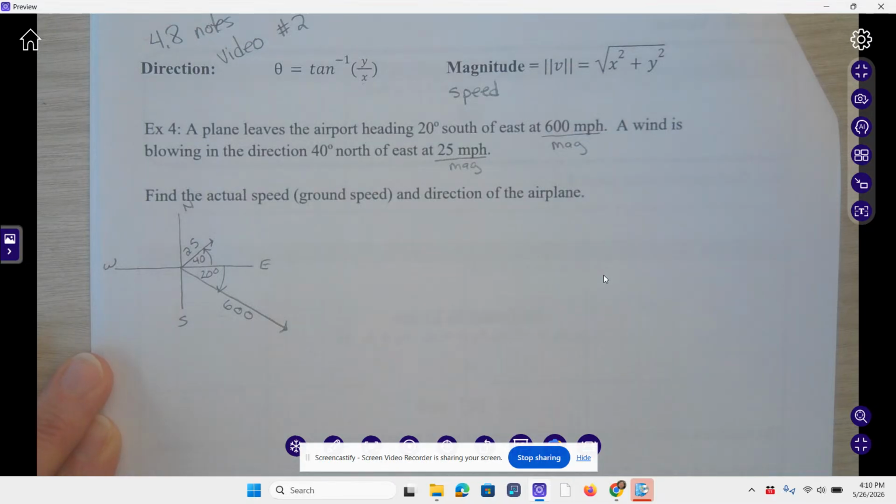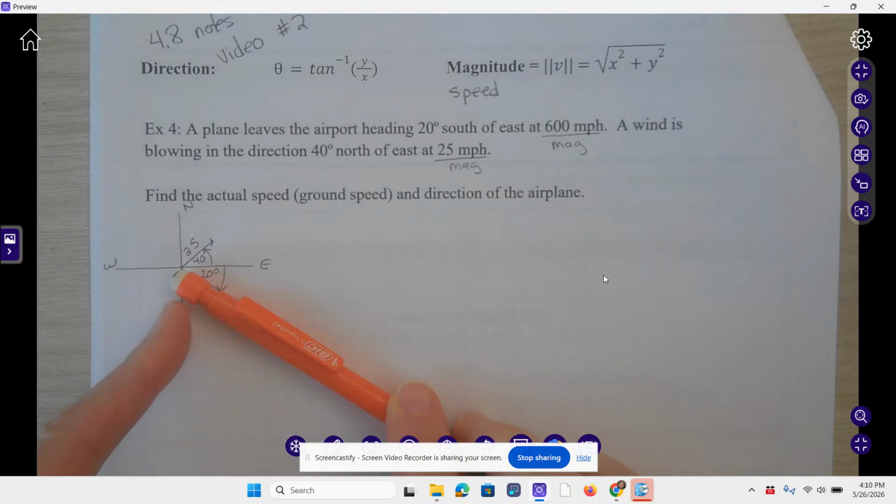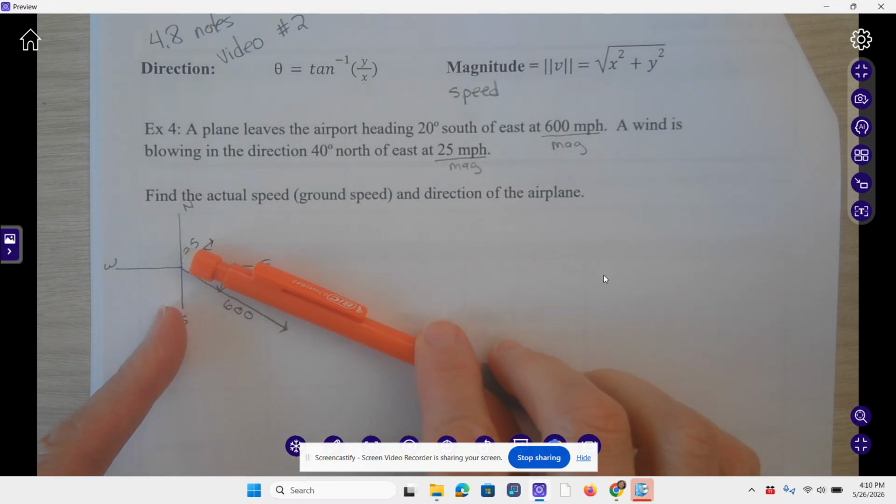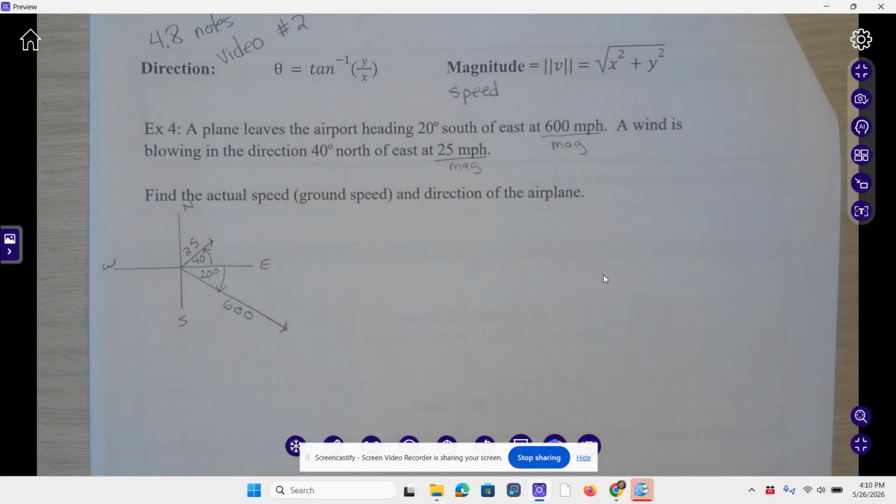So what's happening is the plane is trying to blow in this direction. There's a wind coming from this direction and it's going to change, and its actual direction will be what we call our new vector or our new position vector.